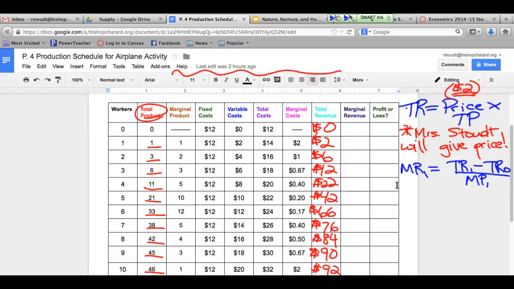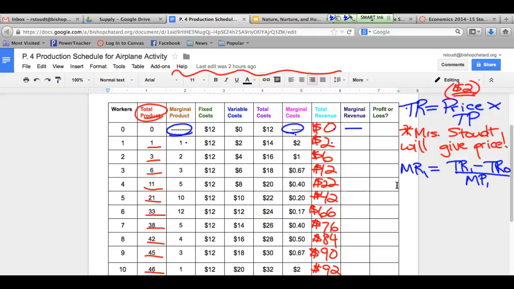Okay, if you're starting with 0 workers, you can't do marginal revenue. Just like when we did marginal cost at 0 workers and marginal product at 0 workers, it's a line, you can't do it because we didn't add anything, we didn't change anything. All right, at 1 worker, we're going to take 2 minus 0, which is 2, and divide by marginal product, which is 1.